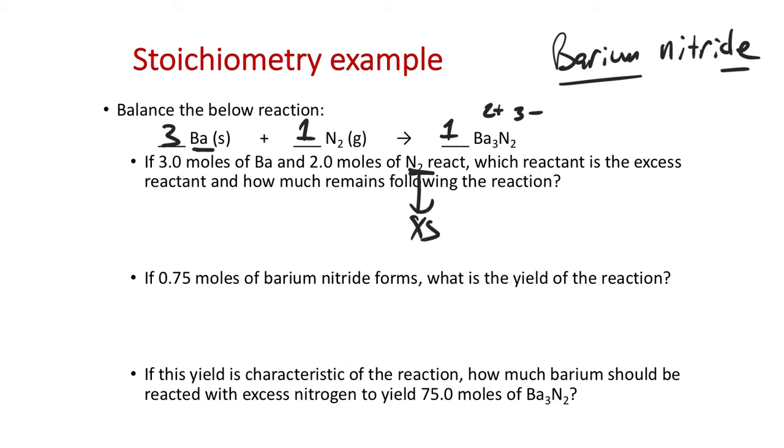And then the barium is going to be my limiting reactant. The limiting reactant, of course, is the one completely consumed in the reaction. So once I produce as much product as possible, I've lost all the barium, and I will have lost 1 mole of nitrogen. And so the barium goes to 0, and then the nitrogen goes to 1 mole.